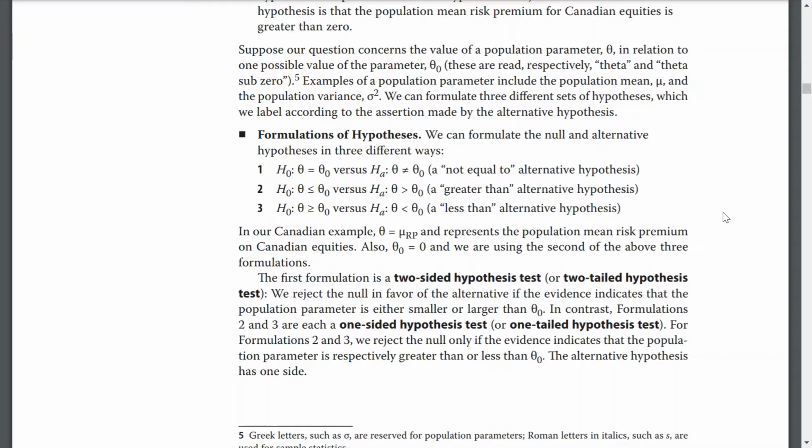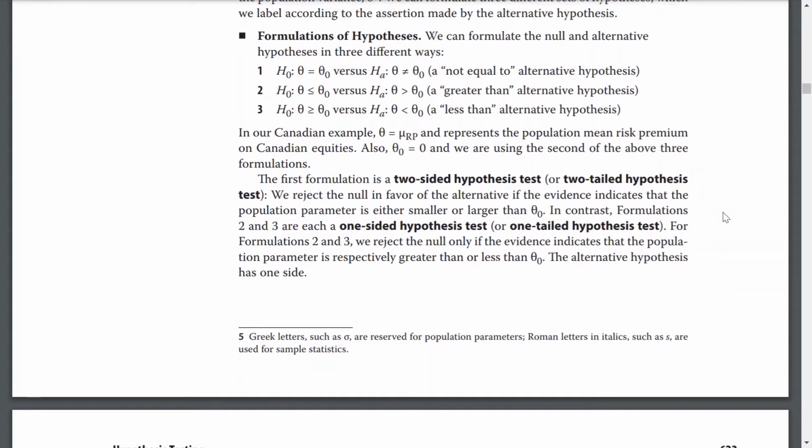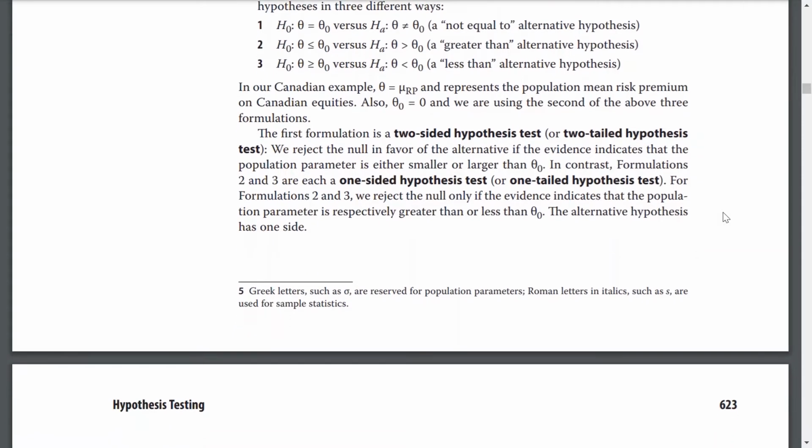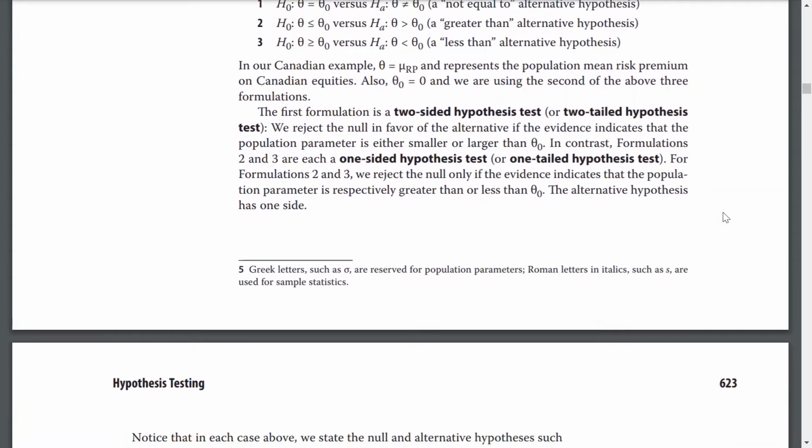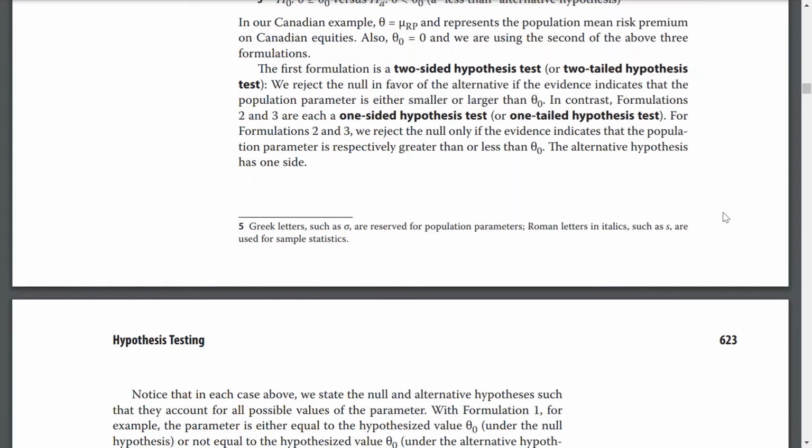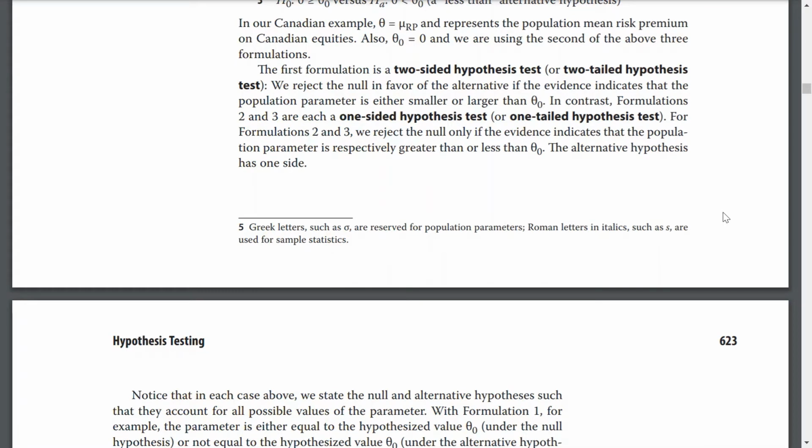The first formulation is a two-sided hypothesis or two-tailed hypothesis test. We reject the null in favor of the alternative if the evidence indicates that the population parameter is either smaller or larger than theta sub 0. In contrast, formulations 2 and 3 are each a one-sided hypothesis test or one-tailed hypothesis test. For formulations 2 and 3, we reject the null only if the evidence indicates that the population parameter is respectively greater than or less than theta sub 0.